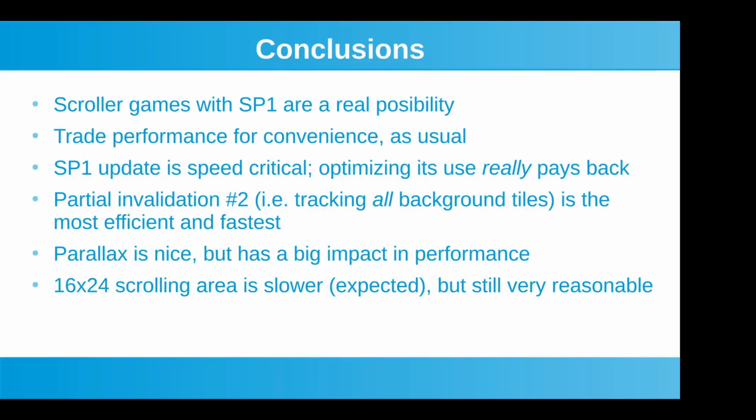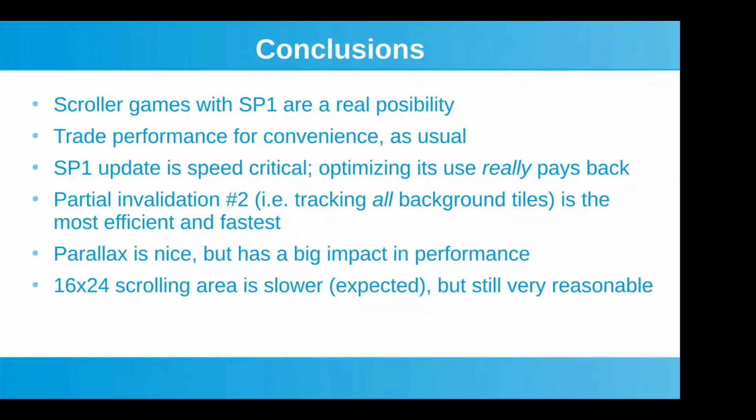I have also found that the SP1 update is the critical part regarding speed. So optimizing anything which interacts with it really pays back, as we have seen in the optimizations in examples 3 and 4.